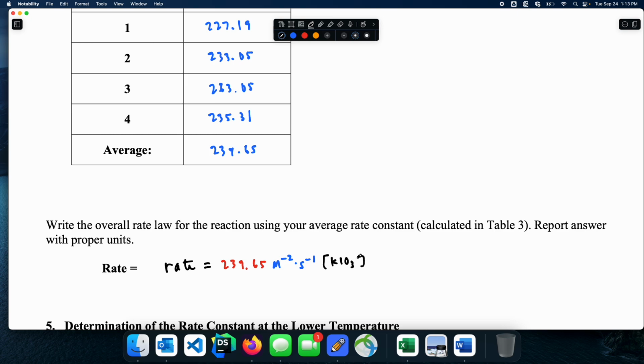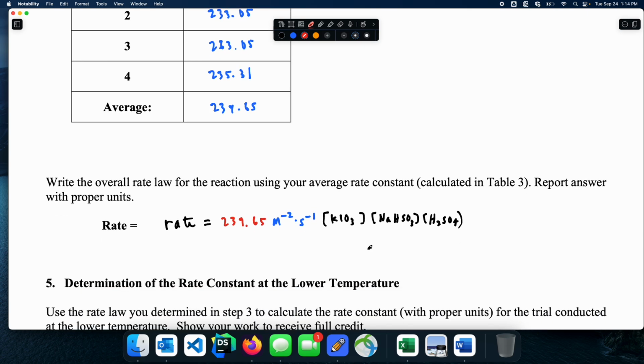I'm going to write it all out this time. Sodium hydrogen sulfite, H2SO4. Yes, okay. And the order was 1, 1, and 1. These are not parentheses, by the way. These are meant to be brackets. But since it's 1, 1, and 1, we usually just leave the 1s off. Okay, and that is the rate law. Good for you. Love it.